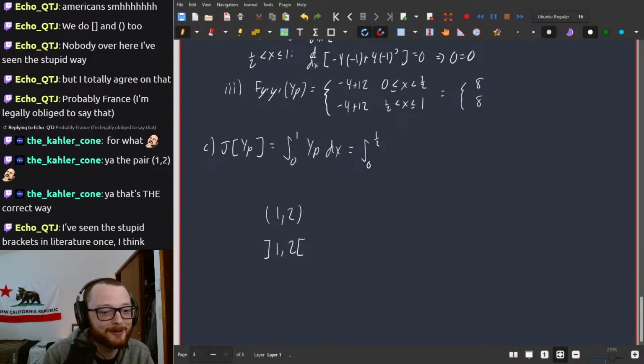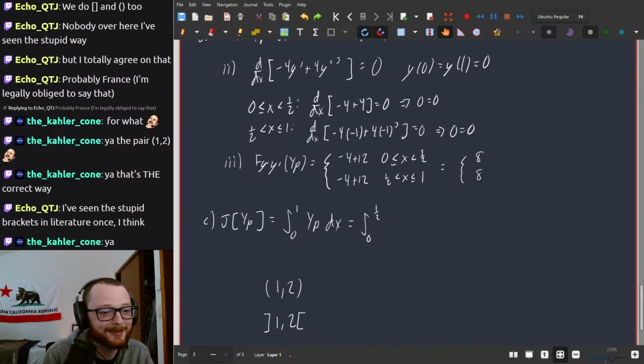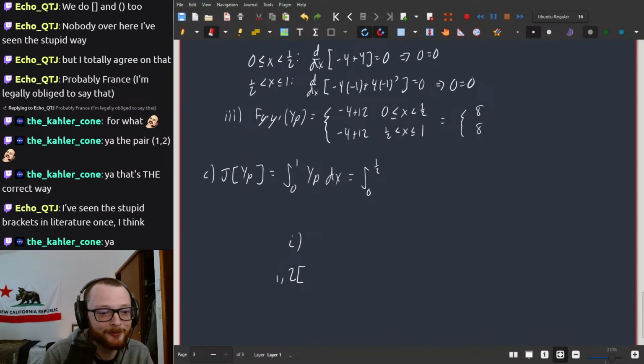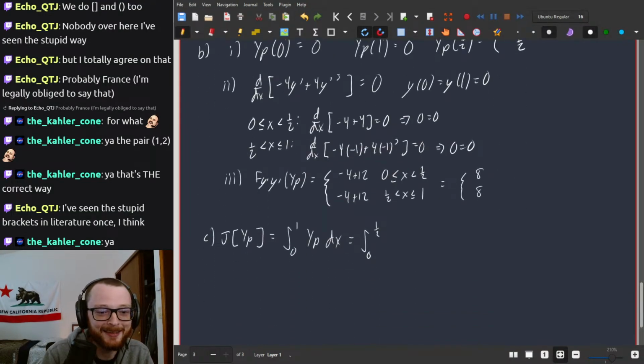Wait, so you're saying it's correct to do it the backwards bracket way? No, those are fighting words. I think it looks so dumb.